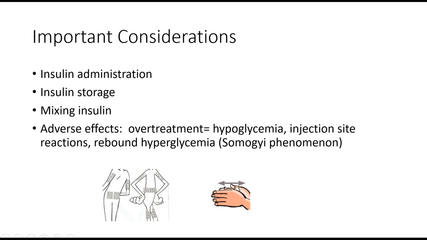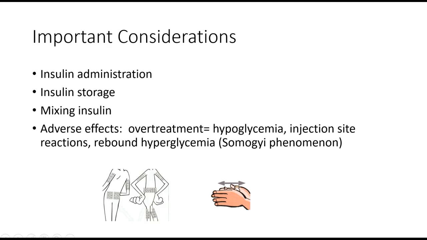Make sure that you don't have any clumps or little pieces of the medication floating around in the insulin vial. If you do, you want to throw it away and get a new vial. There might be a problem with the drug itself.